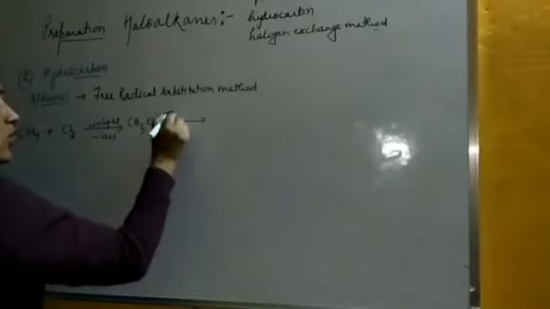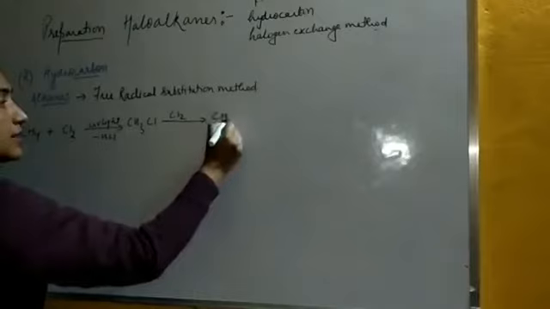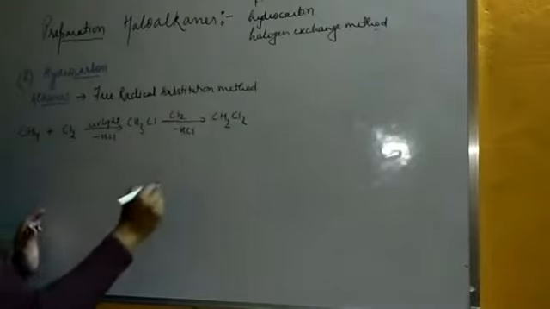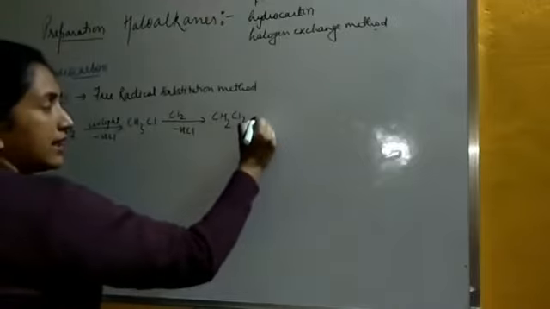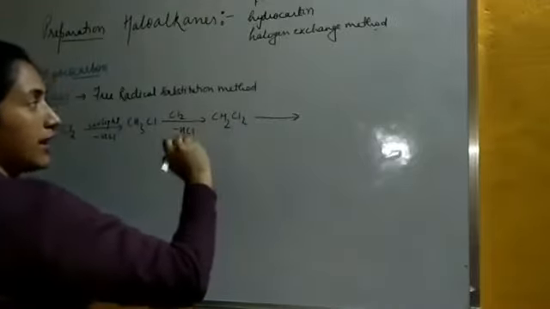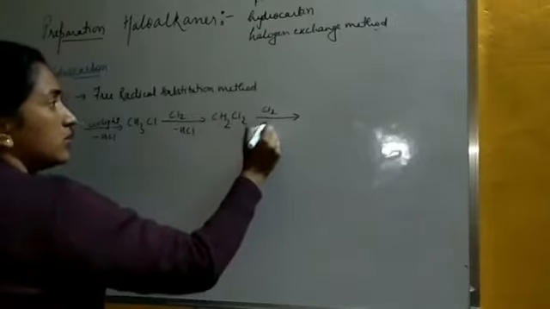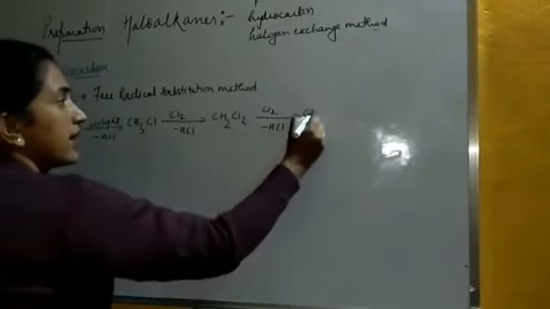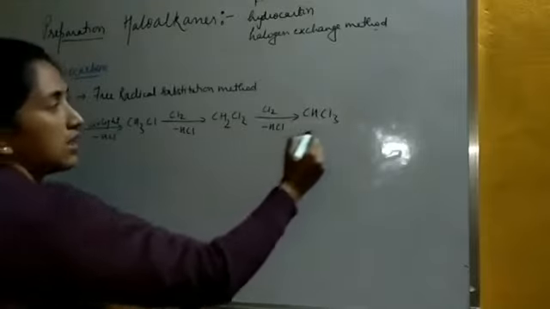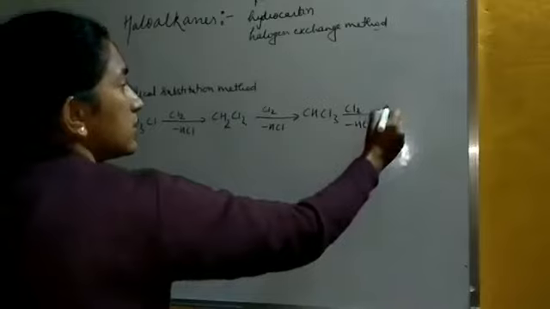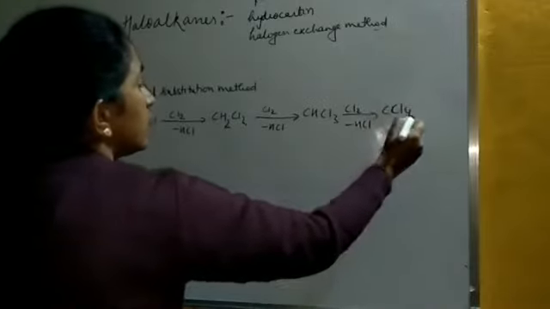Again, this reaction is not going to stop here. It will keep on going until all the hydrogen atoms available in the alkane get substituted by the halogen atom. So we still have CH2Cl2, and further chlorination will form CHCl3 and CCl4.